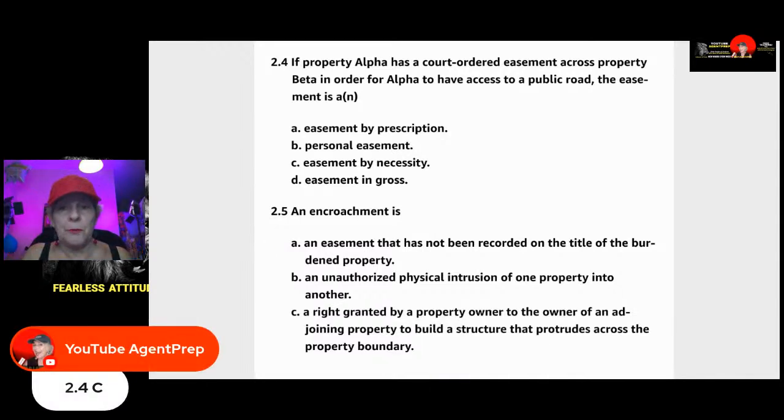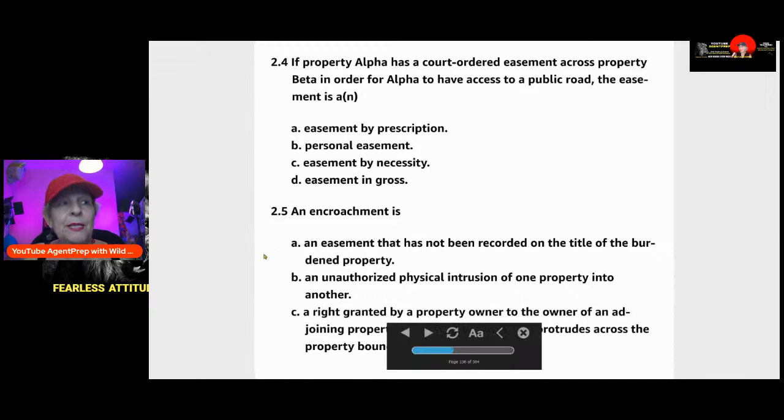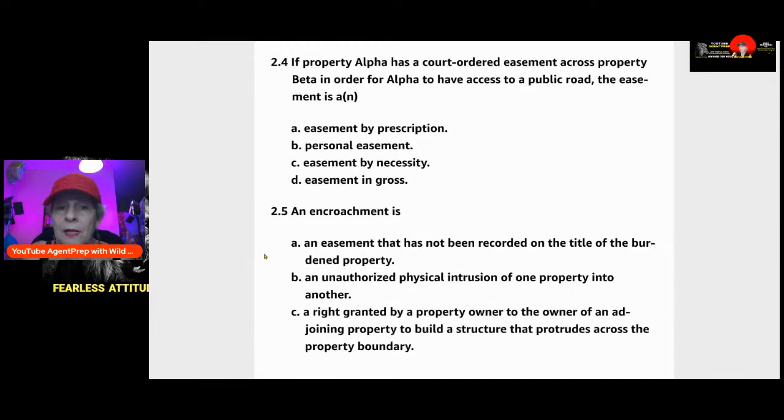an encroachment. What is an encroachment? You're encroaching on somebody's space, right? And so it is A, an easement that has not been recorded or on the title of the burdened property. B, an unauthorized physical intrusion of one property into another.